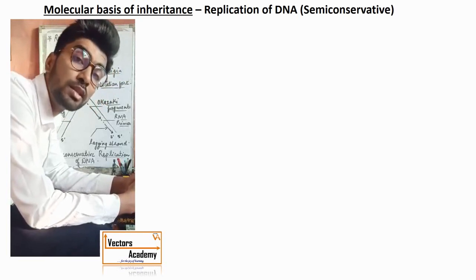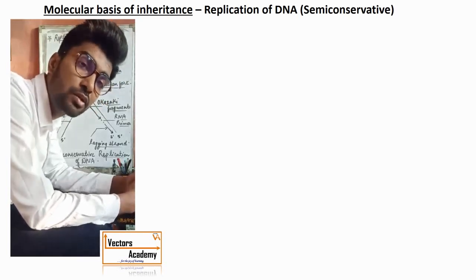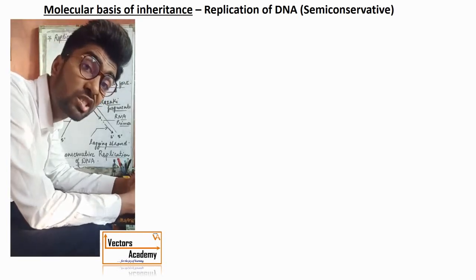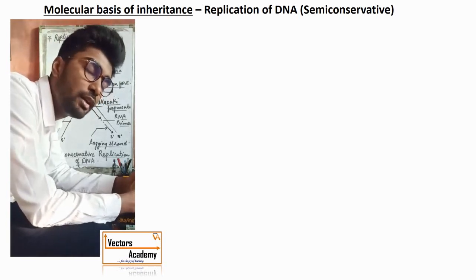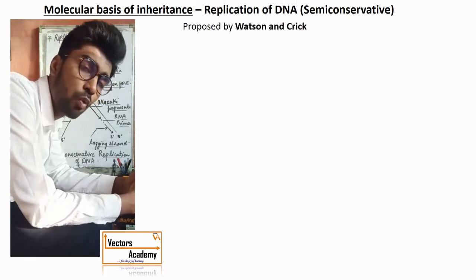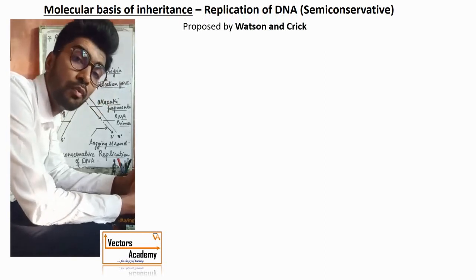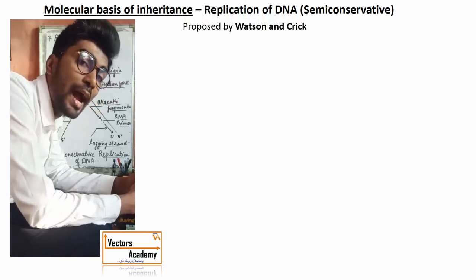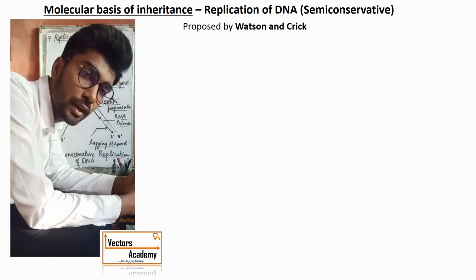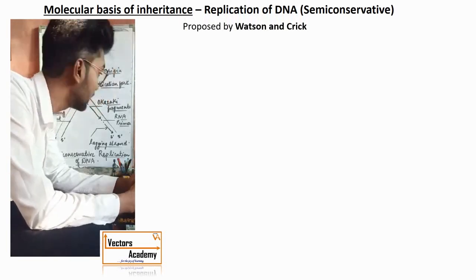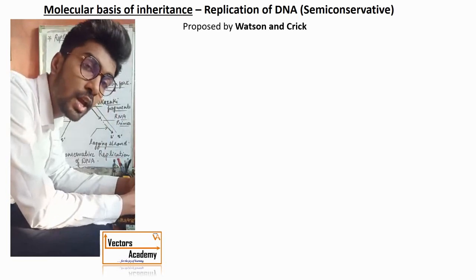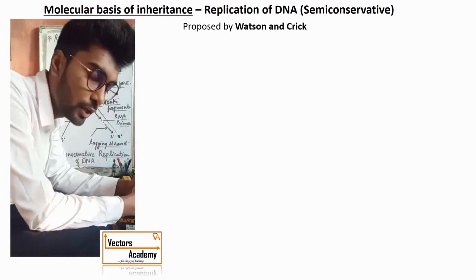This replication of DNA was first studied by Watson and Crick, that is James Watson and Francis Crick, who in 1953 were the first scientists to discover the DNA molecule. The semi-conservative replication of DNA was also given by James Watson and Francis Crick.